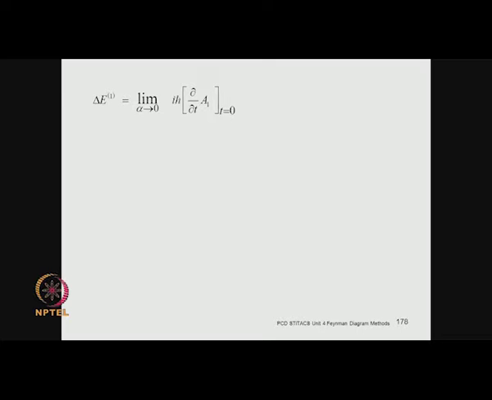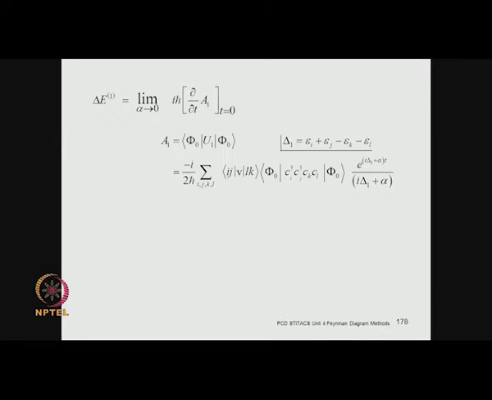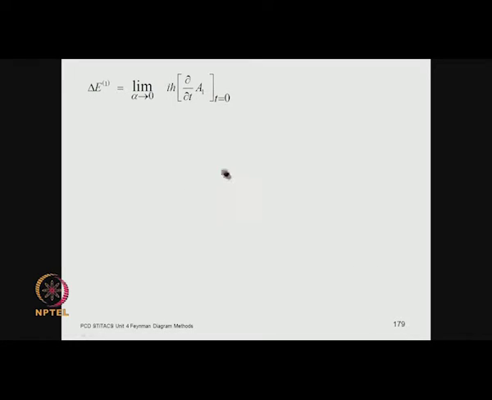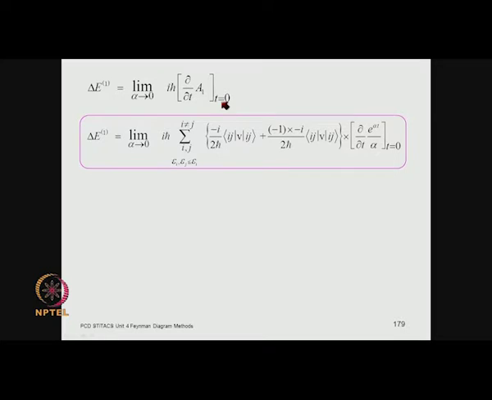What it did was to help us get into the interaction picture or the Dirac picture and develop a formulation to handle the electron correlations. So, now this is your contribution to A1: the contribution from the direct term, and the contribution from the exchange term, which comes with a minus sign, and then you take the derivative with respect to time at t equal to 0.